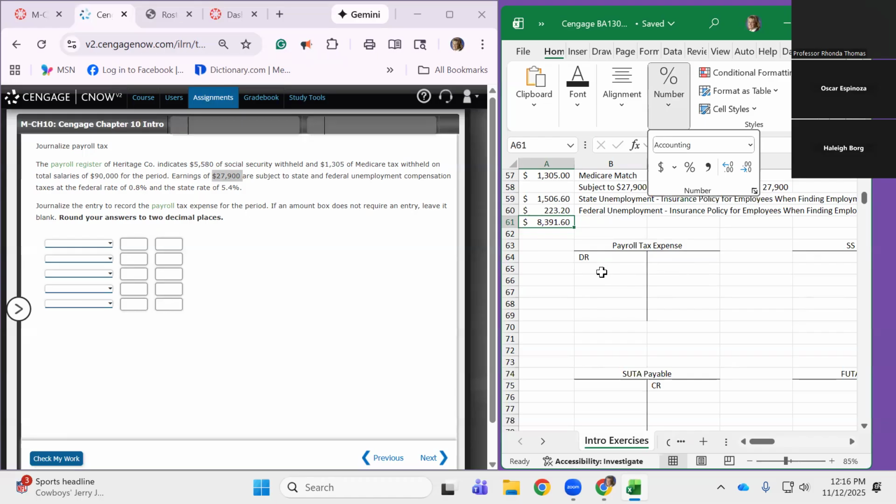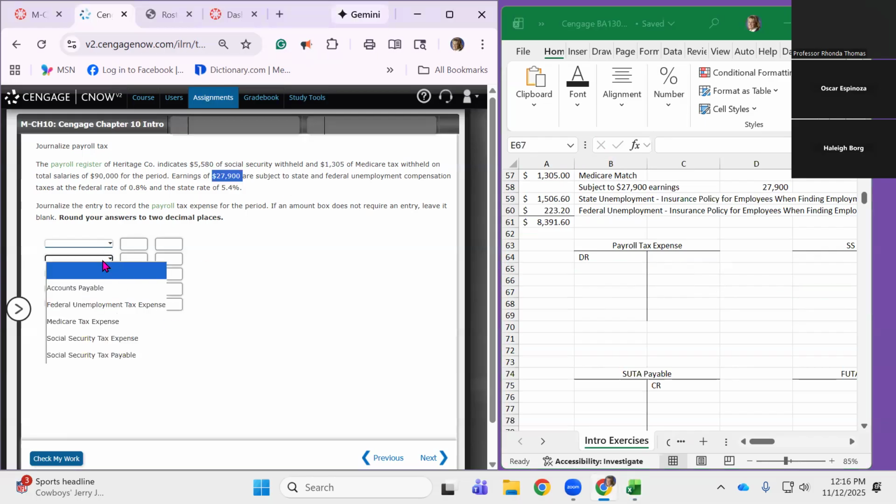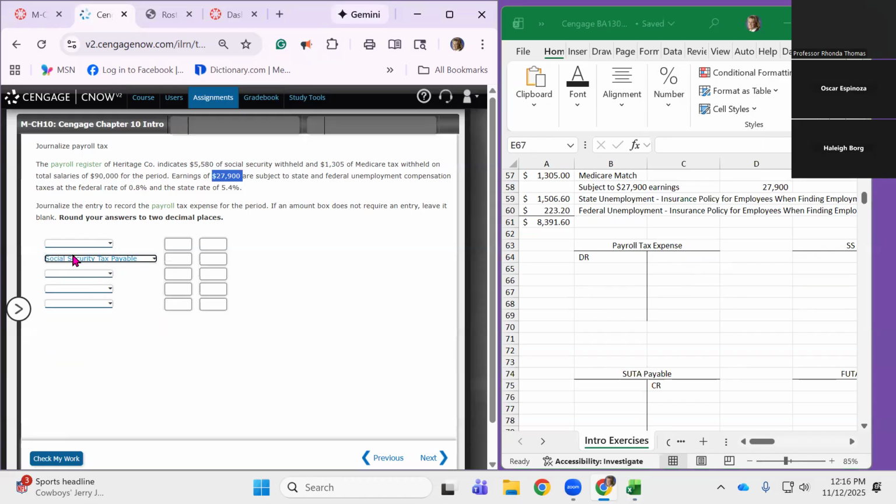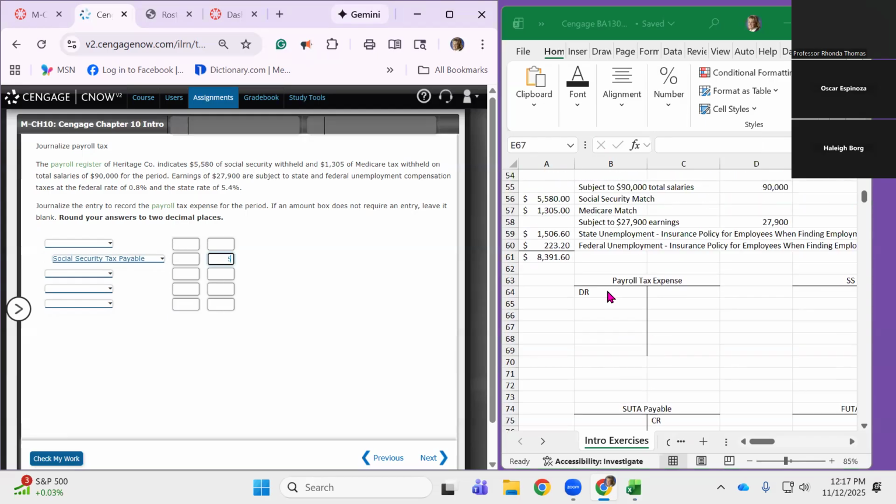So here's how it's going to go. This becomes your payroll tax expense. So I'm going to do it just like I did. So let's go to the second one. Let's pick Social Security tax payable. Don't pick the expense because that's not how it's going to work. All right. So the Social Security, we're going to pay in $5,580 more.